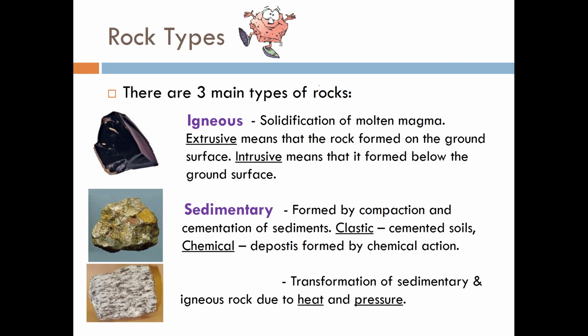So these are rocks that are formed by cementing and compacting different types of soil, and they basically recrystallize into a rock. And then of course we have metamorphic rock, which is rock that is transformed. It can either be igneous or sedimentary, and it's transformed due to intense heat and pressure. And so these are the 3 general types of rocks that we have on the earth today, and all soil comes from these types of rocks.